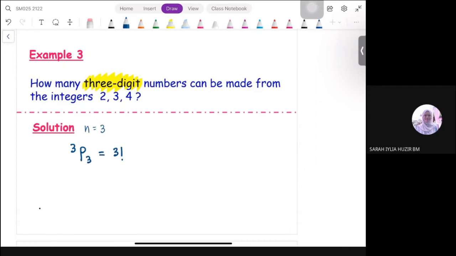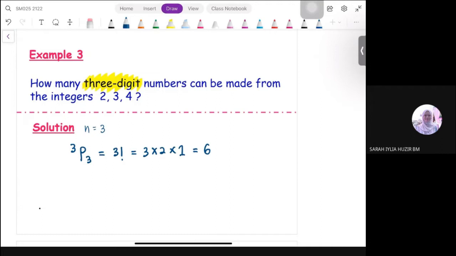You may start computing this in your calculator, or if you want to calculate this manually, 3 factorial has the same meaning as 3 times 2 times 1. Here our answer would be 6. Okay, so either you straight away compute 3P3, or you may compute 3 factorial, or if using the multiplication technique, this is the same as 3 times 2 times 1.